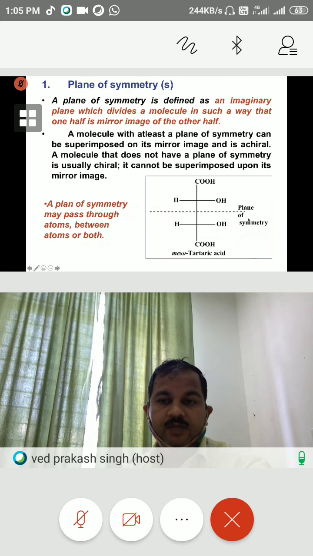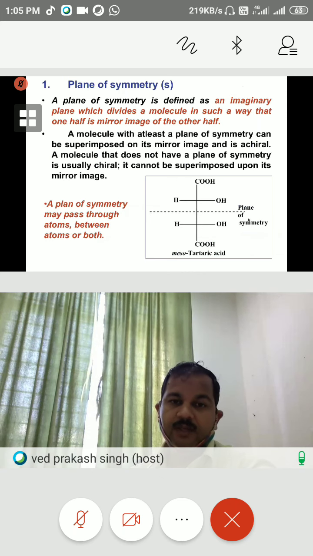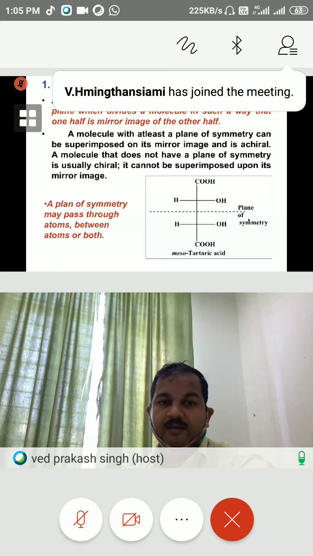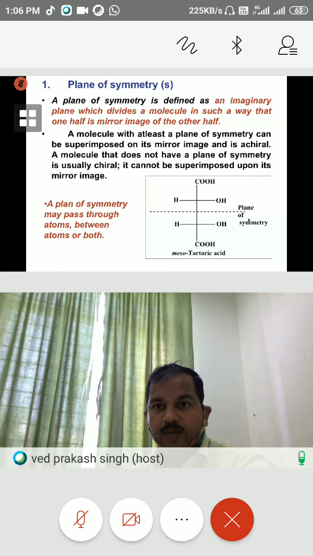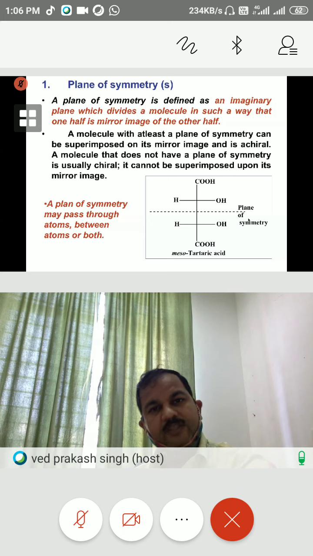Plane of symmetry you can see in tartaric acid, when the meso compound is there. Plane of symmetry means a plane which can divide the molecule into two equal parts. That plane is an imaginary plane. A plane of symmetry is defined as an imaginary plane which divides a molecule in such a way that one half is the mirror image of the other half.